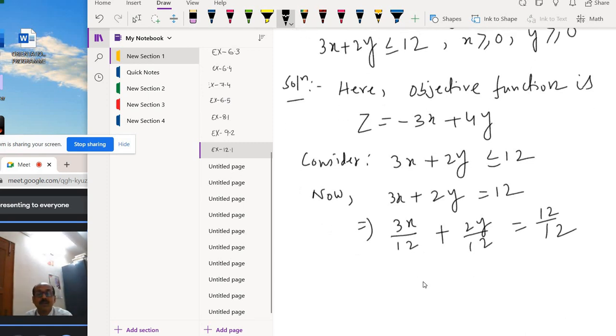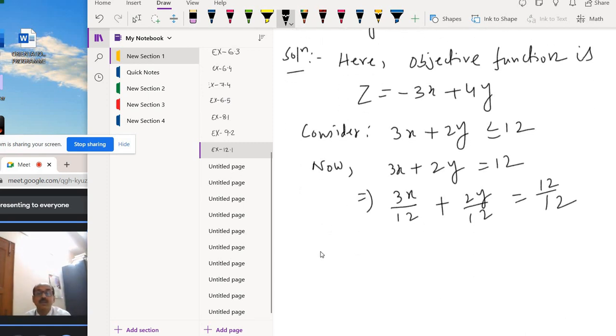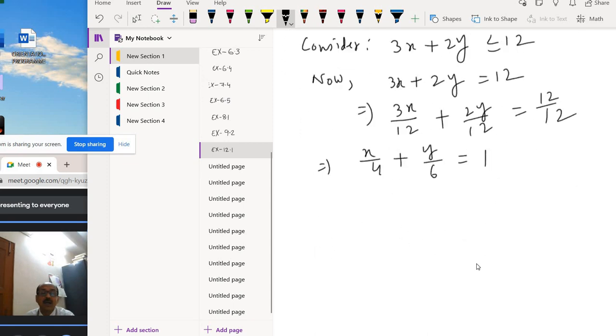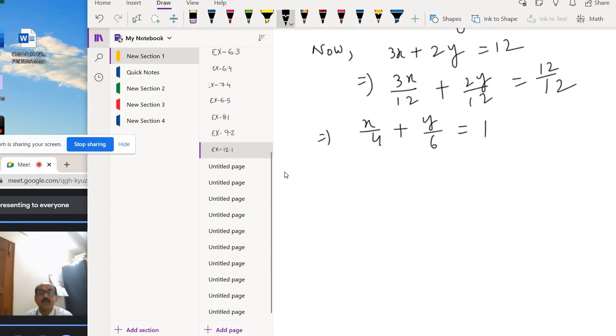So this means x by 4 plus y by 6 is equal to 1.